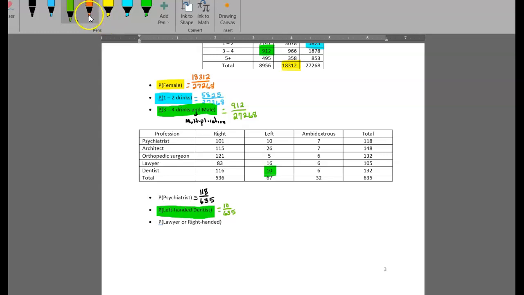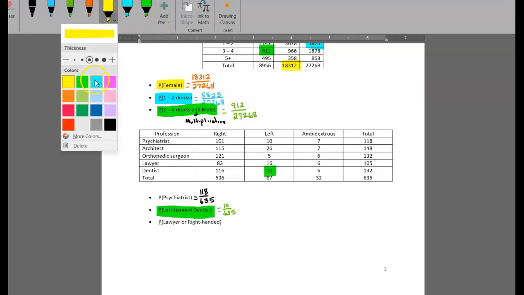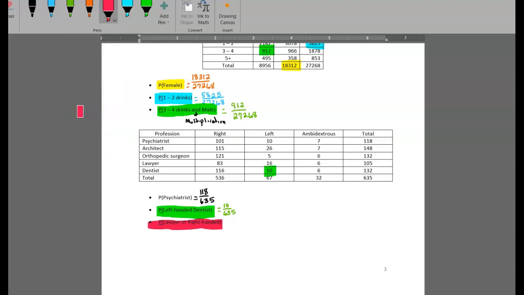And now for the last one, we have an OR probability: a lawyer or somebody that's right-handed. So we have all the lawyers. We need all the right-handed people, but we noticed that we counted the 83 in the lawyer row and in the right-handed column.